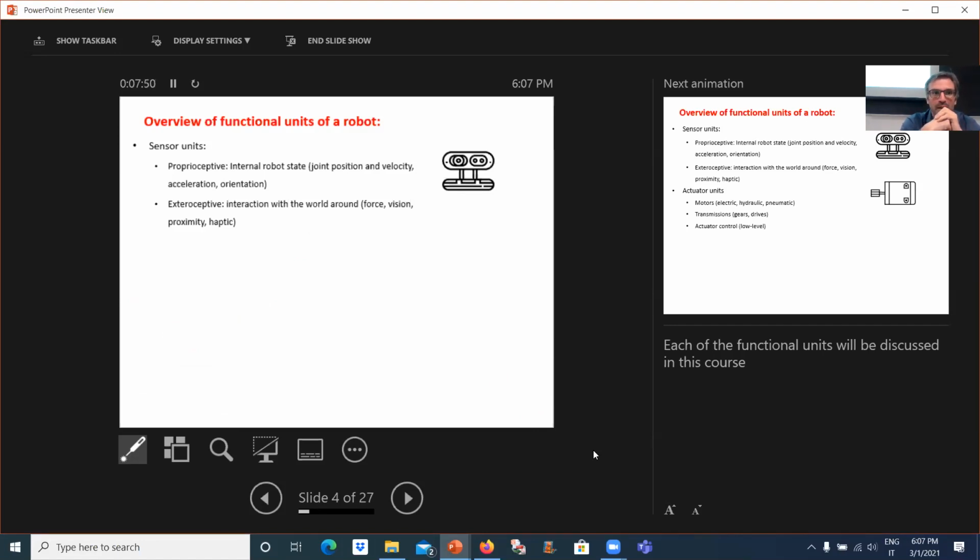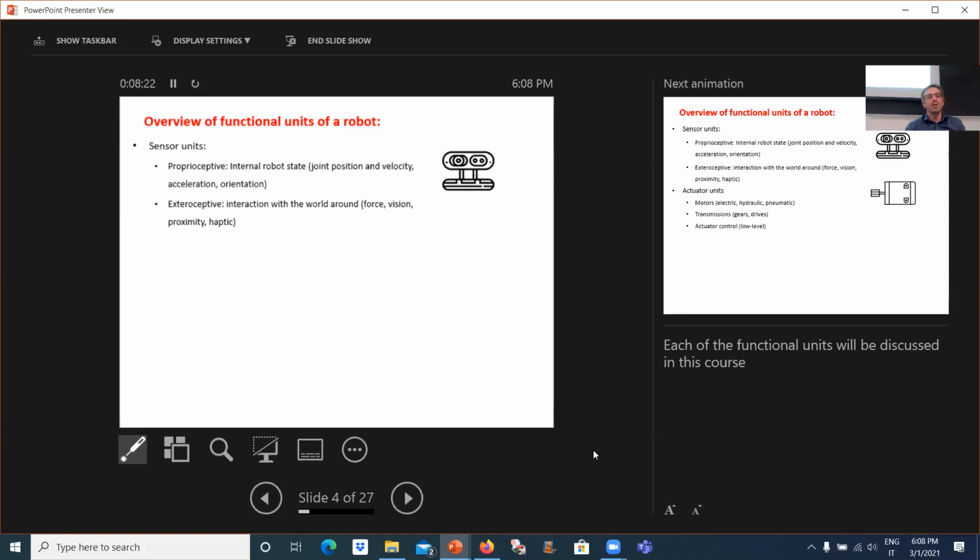The other class of sensors are the exteroceptive sensors, and these measure the interaction with the world around. In terms of interaction with the world, that means interaction forces, contact forces, or vision, visual feedback, a map of the environment the robot is immersed in, and proximity sensors.